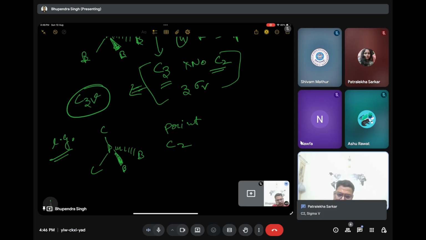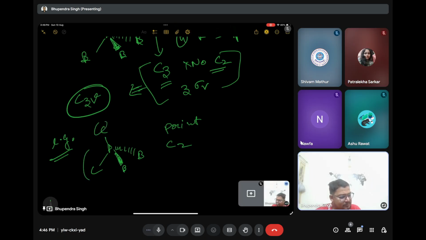C2 sigma V. Okay, sigma V. It will be containing this and this. We'll divide these two. Okay, sigma V is there, containing this and passing through this C2 also.